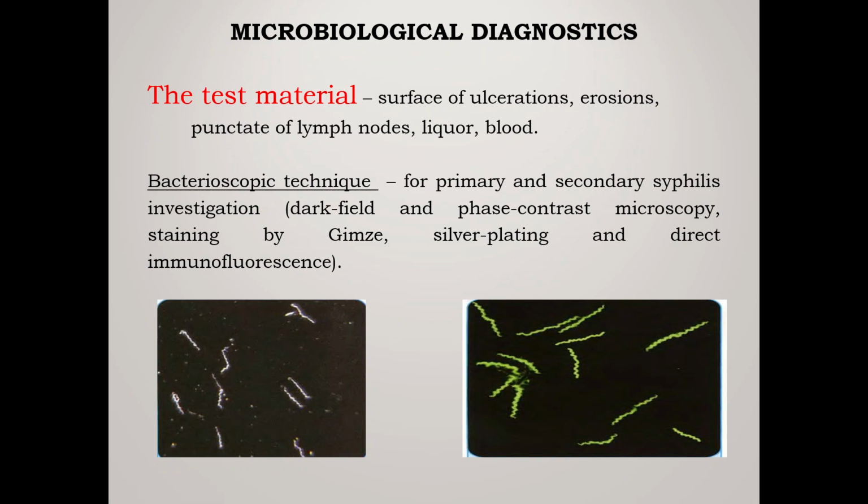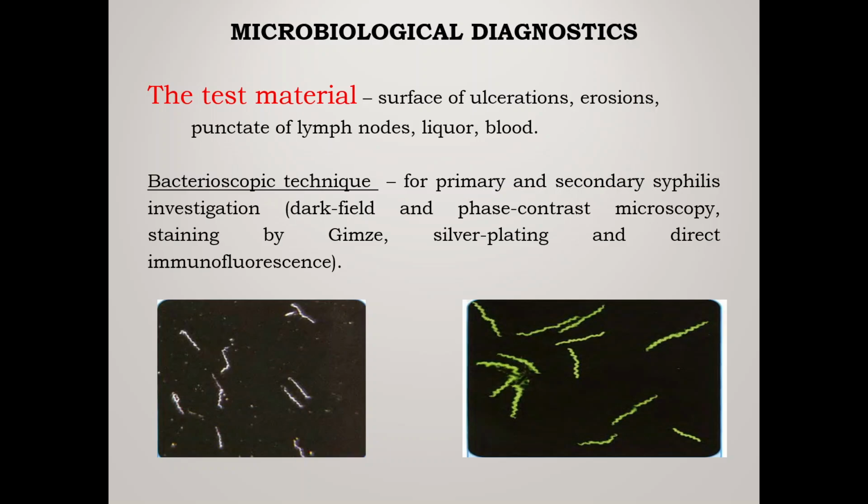Microbiological diagnosis. The test material: surface of ulceration, erosions, punctate of lymph nodes, liquor, cerebrospinal fluid, amniotic fluid, and blood. You will use bacterioscopic technique for primary and secondary syphilis investigation: dark field and phase contrast microscopy.